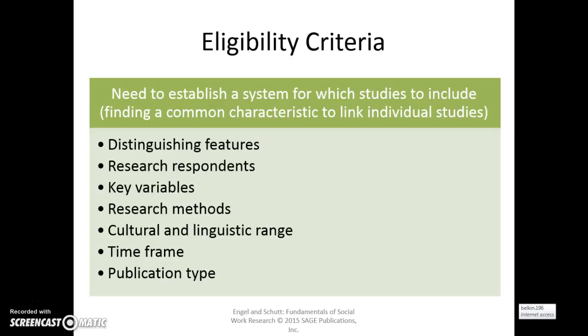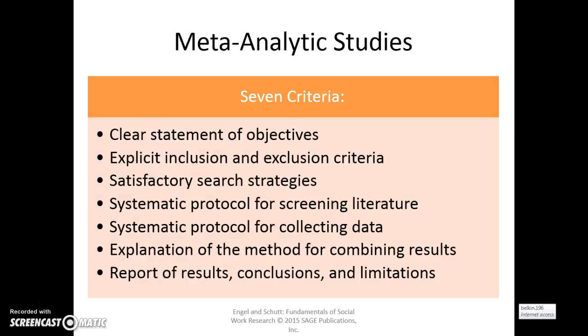Well, if you're doing a meta-analysis or a meta-synthesis, you also have to say, I only want to include studies that included this type of, maybe only adults, or studies that looked at domestic violence, or only qualitative or quantitative, or only certain cultures or certain languages. So there are lots of things that you would still have to define for these types of studies. Think through some of the criteria that you would want to include.